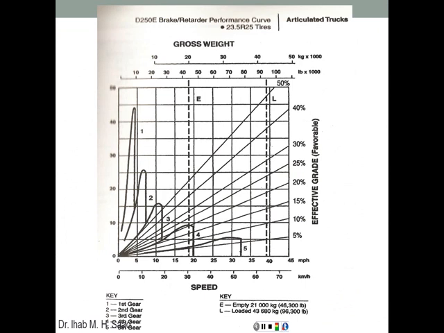Here we have something called a retarder curve. If that equipment is moving downhill, again the same piece of equipment, here's the weight, and the effective grade is a favorable grade, moving downhill 20%. In the second gear, it's going to give us a speed of about maybe 7 miles per hour.